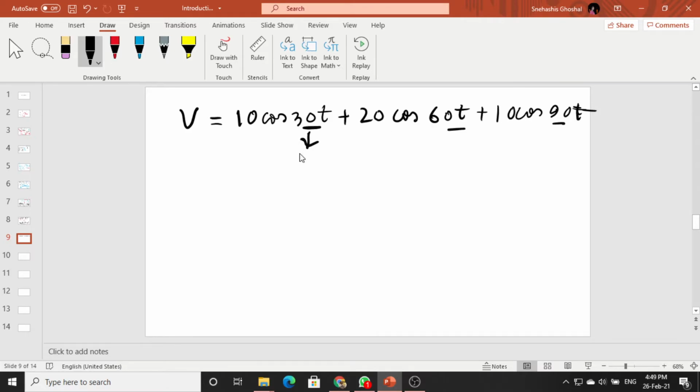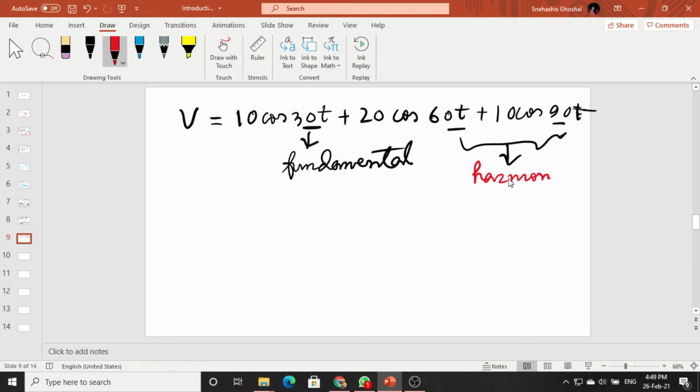The smallest one is known as the fundamental, and the other frequencies are known as harmonics, which are generally integer multiples of the fundamental. But in this case, you cannot write it as 10 angle 30 degrees plus 20 angle 0 degrees, because there is no phase difference.